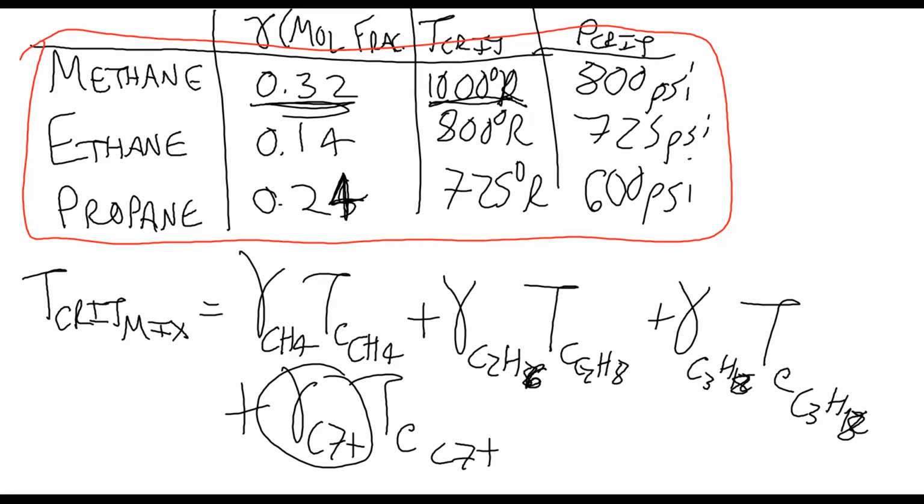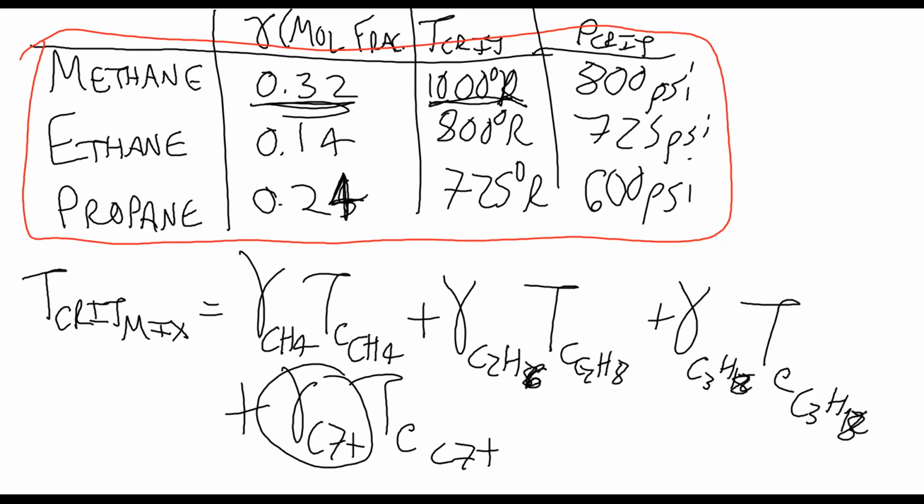Once you have those, you can just plug them right into this equation here with everything else. Then you take that, you drop down and correct it for your non-hydrocarbon components, and you're all set to go.